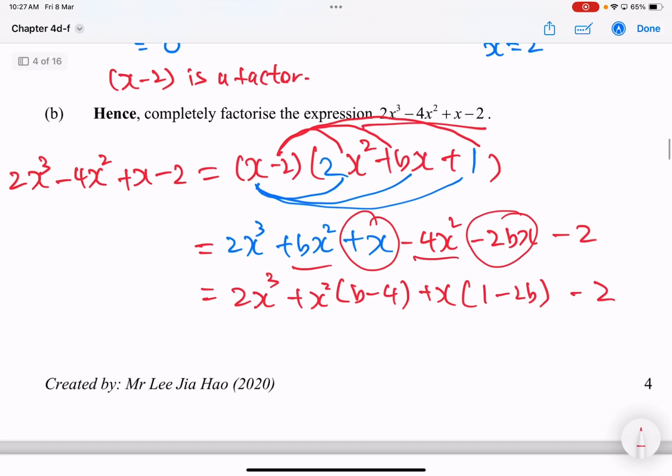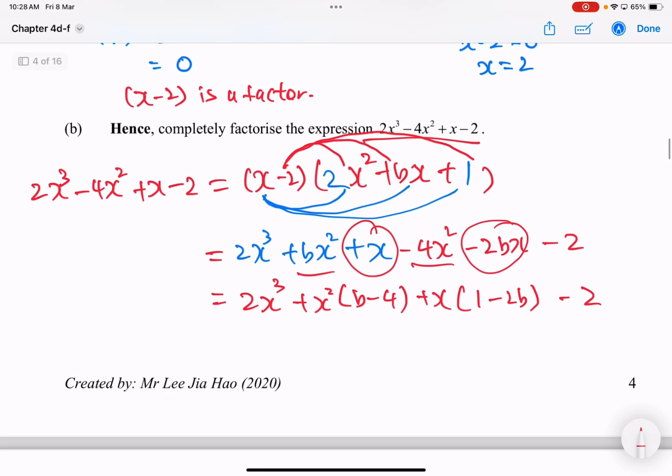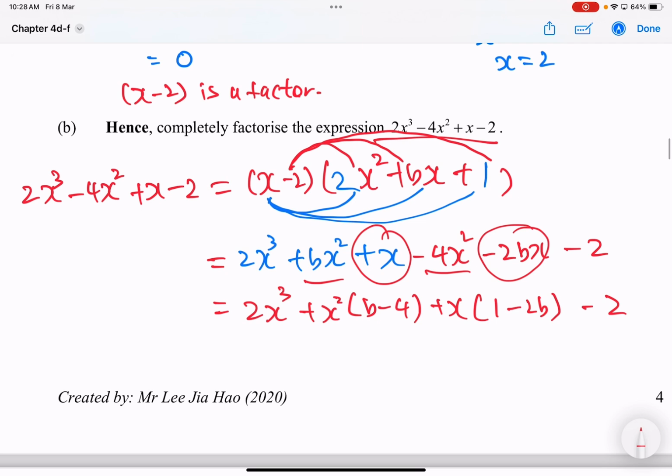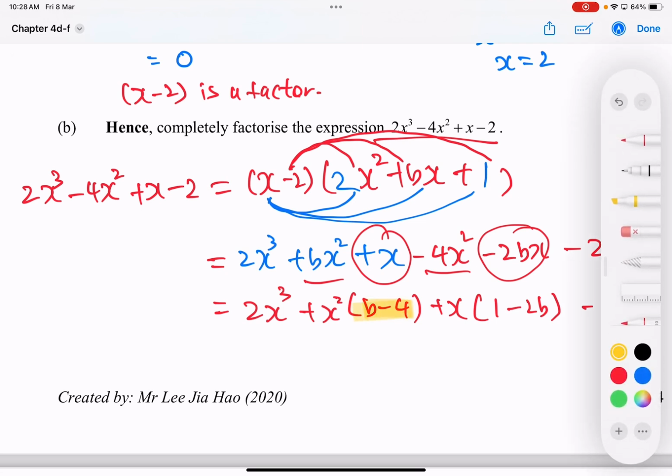Here, all you have to do is think: how do you make b minus 4 equal to negative 4?